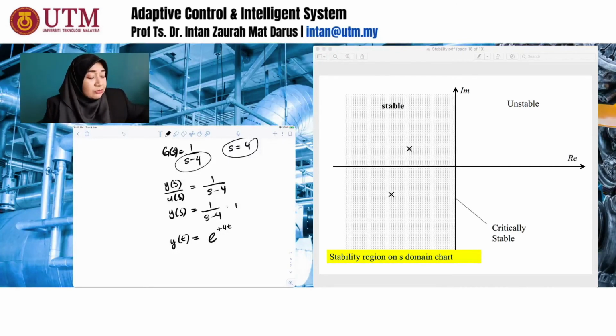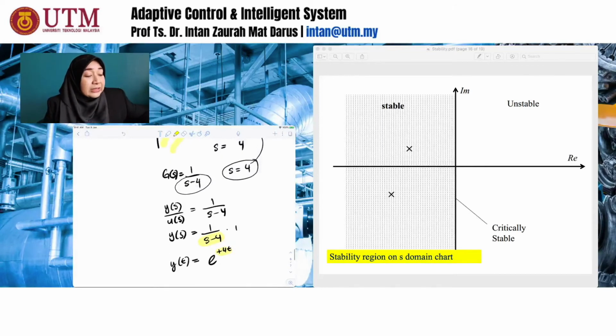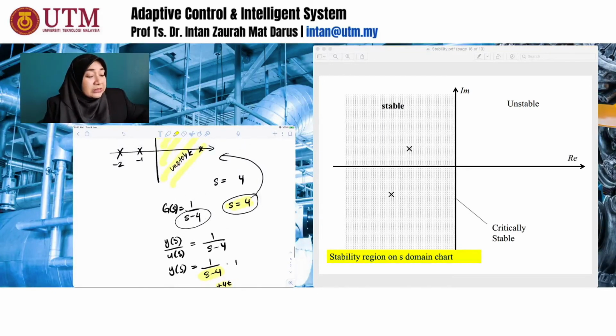So that means the system is unstable, and it actually depends on the value of your denominator, which in this case also means the value of your poles. If the poles have a positive real value, then the system is said to be unstable. If the poles have a negative real value, then your system will be stable.